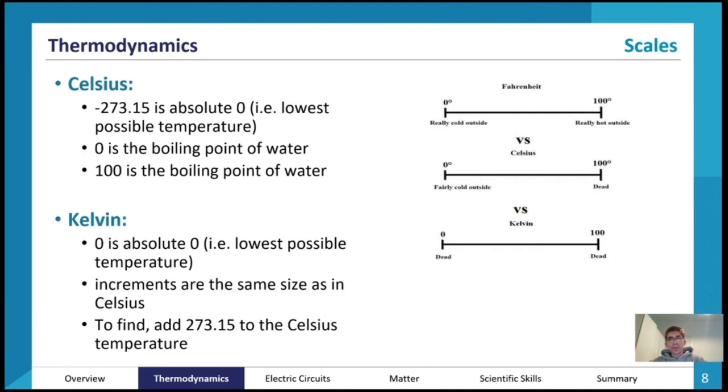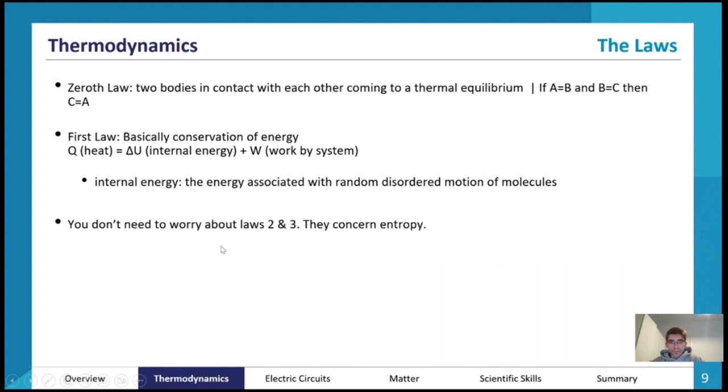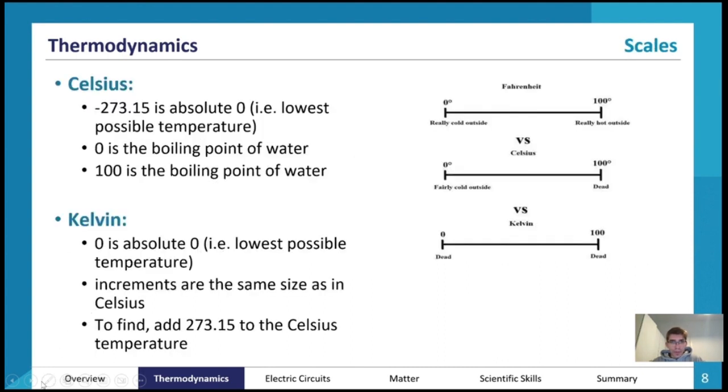But you do need to know how to convert between Celsius and Kelvin. Now, to convert between Celsius and Kelvin, the only thing you have to do is to whatever degree you have in Celsius, you add 273. Let me give you an example. So, let me access my pen.